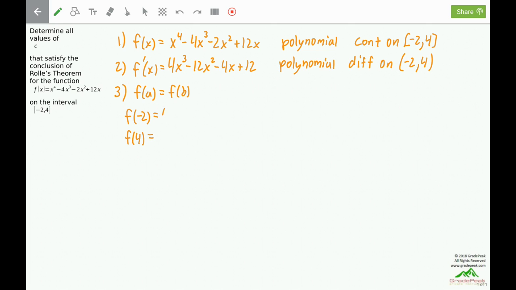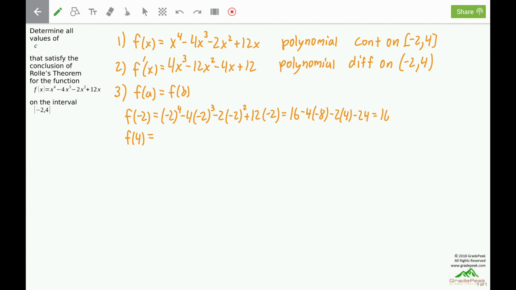So f of -2 will be -2 to the fourth power minus 4 times -2 cubed minus 2 times -2 squared plus 12 times -2. -2 to the fourth becomes positive 16, minus 4 times -2 cubed, which is -8, minus 2 times -2 squared, which is a positive 4, and then 12 times -2 is -24.